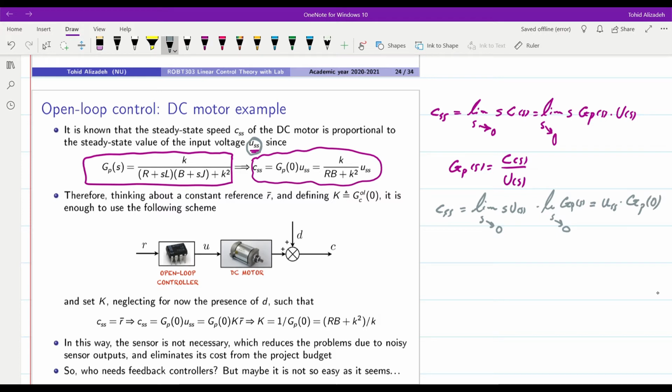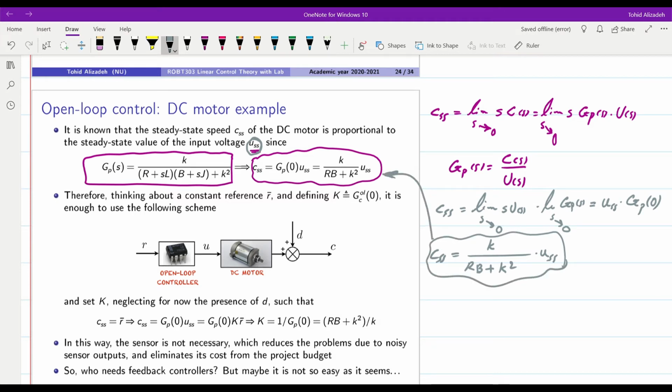And if you replace S with 0 in the transfer function that we have for GP, you will get CSS equal to K over (R B plus K squared) times USS. And that's what we have over here.